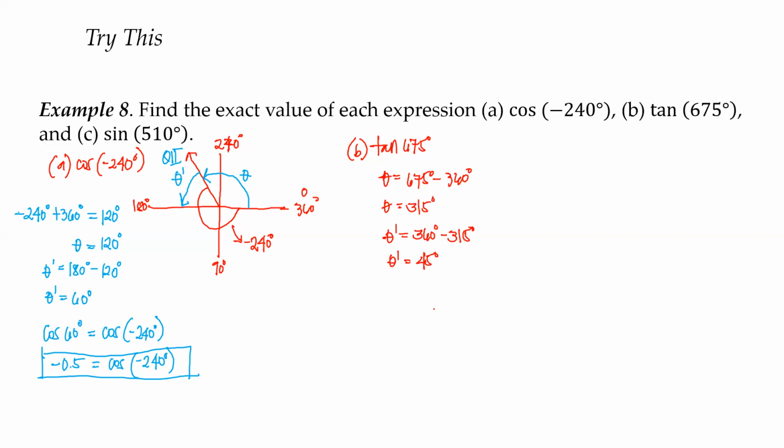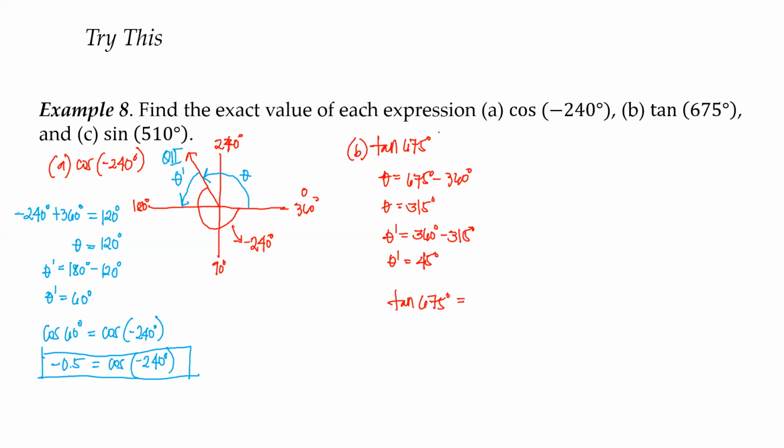So therefore, tangent of 675 degrees is equal to, now take note, where is 315 located? 315 positive, meaning counterclockwise, is more than 270 but less than 360, and that is in quadrant 4, where y is negative while x is positive.